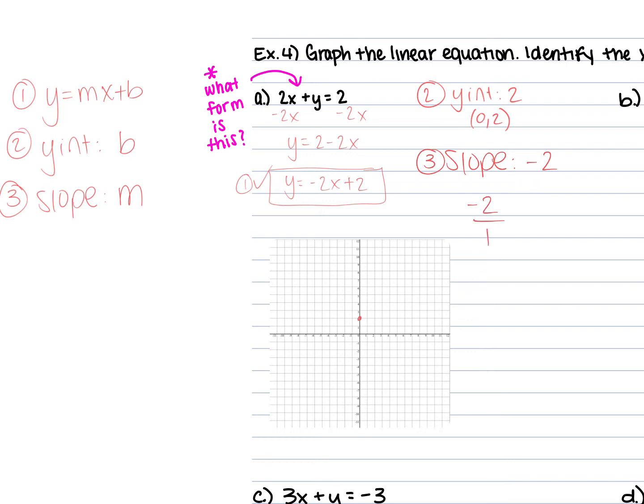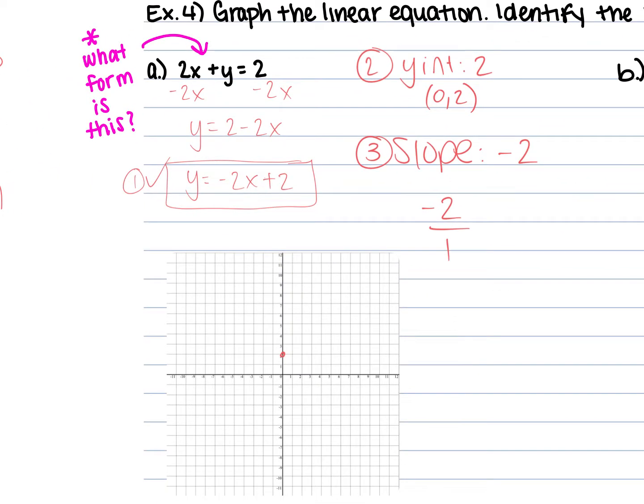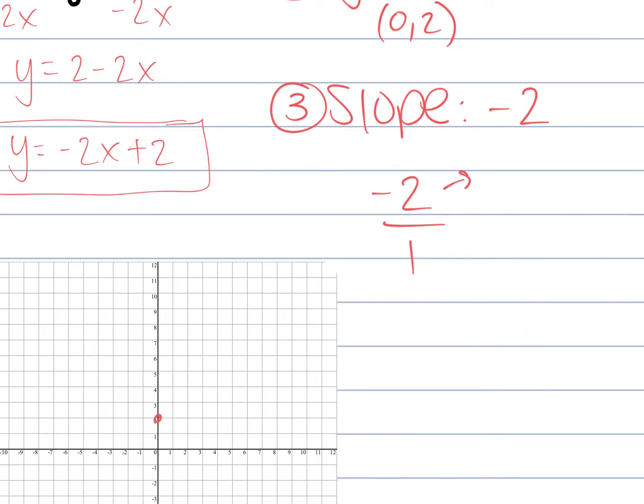Now, who remembers with rise and run, our slope is equal to what? M. And then if you want to write it as rise and run, we put what on top? Rise over the run. So my rise here is what? My rise is negative 2. And my run is what? 1.